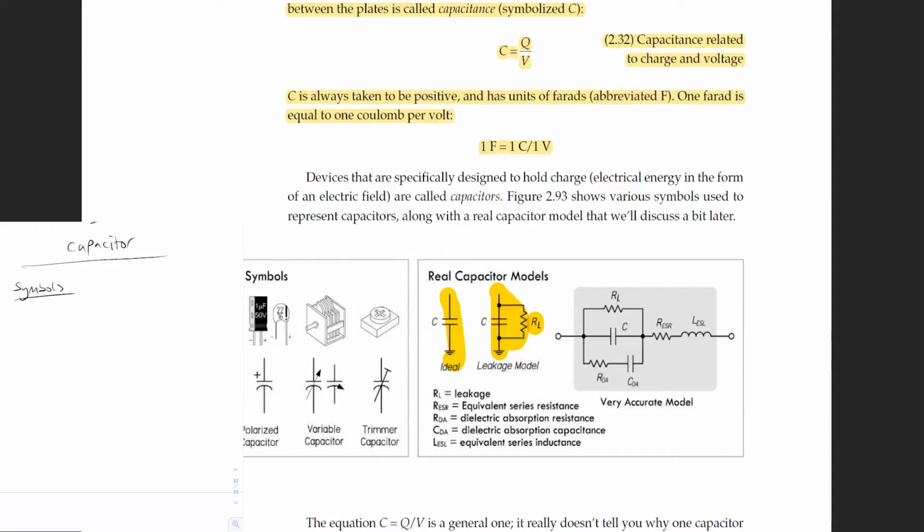Let's take a note of some of the symbols. I think we all know what a capacitor looks like. I don't know what the curve means. So this is saying it's a fixed one. Okay, then you have polarized. Fixed, and then you've got polarized. Okay. Got a variable capacitor. Interesting.